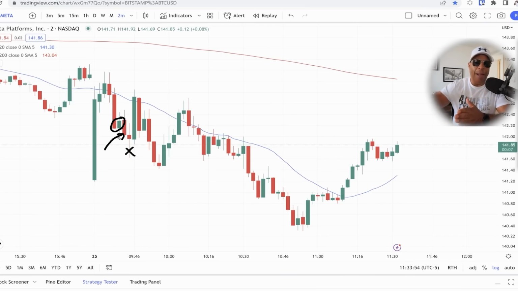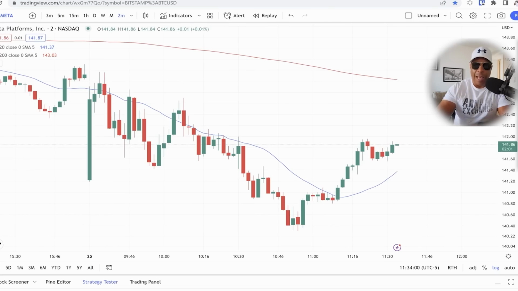You want to take profits 2 bars after green in a short. I would write that down. 2 bars after green. So here's green. 1, 2. Boom. You can take. Do not get in the habit of taking profits 1 bar after green in a short. Same thing in long, by the way.